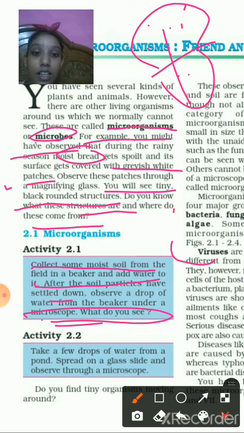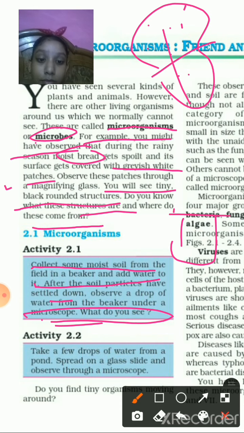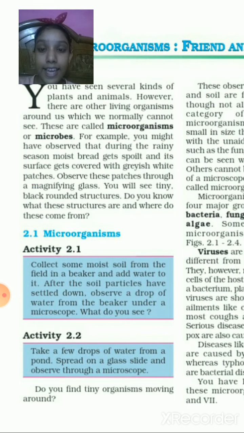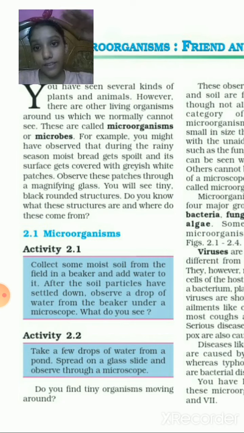So take some water, then go to a field and take some moist soil and add it to that, and then that soil will settle down at the bottom of the water. This is also called sedimentation. Then take a drop of water from that beaker and see it with the help of a microscope.